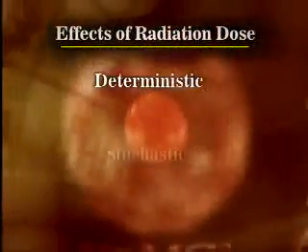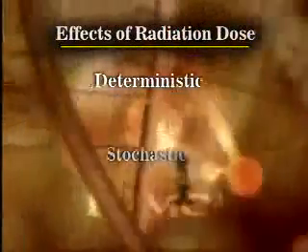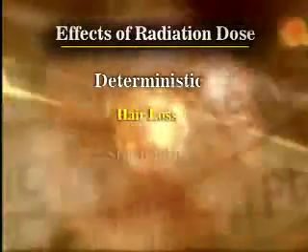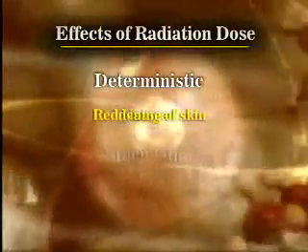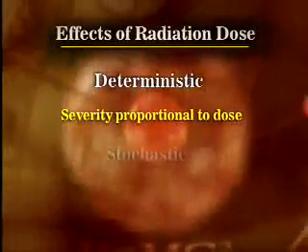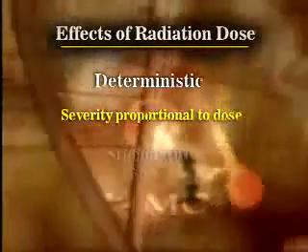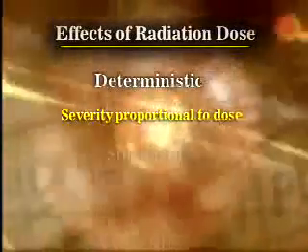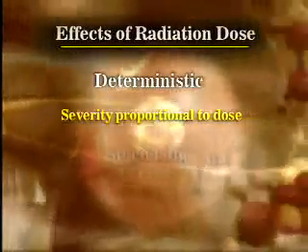Radiation dose has 2 effects, deterministic and stochastic. A deterministic effect is the presence of clinically observable symptoms, including hair loss, nausea, or reddening of the skin. The severity of a deterministic effect is proportional to the dose. As you will see in a table shown later in this video, it takes a large radiation dose to cause a deterministic effect. A stochastic effect is a delayed effect that may or may not occur, for example, cancer.